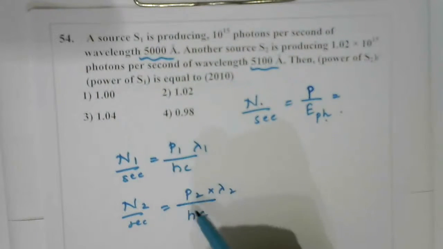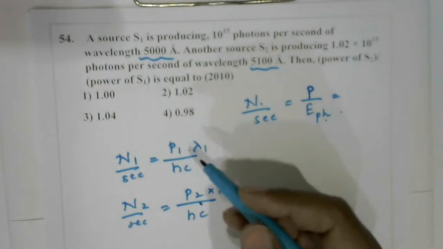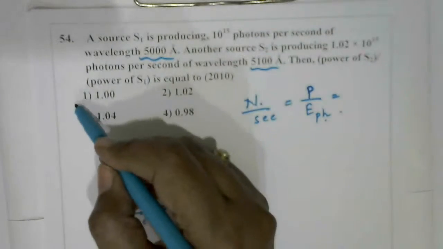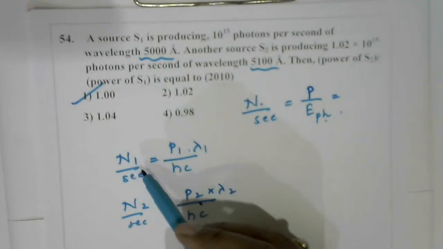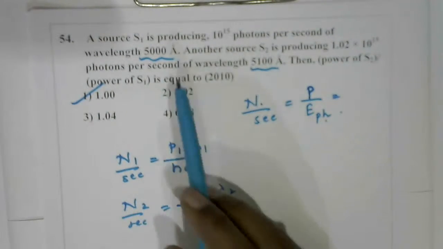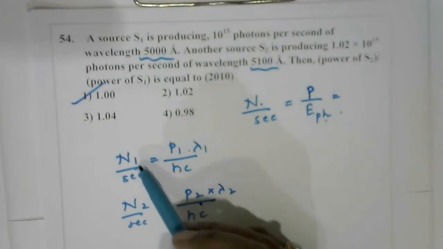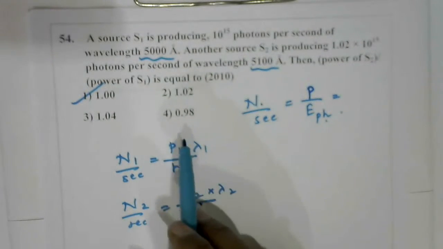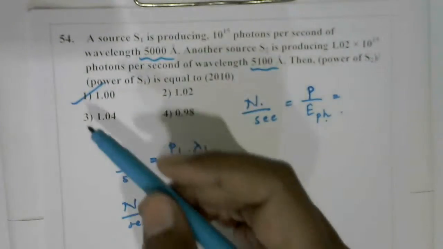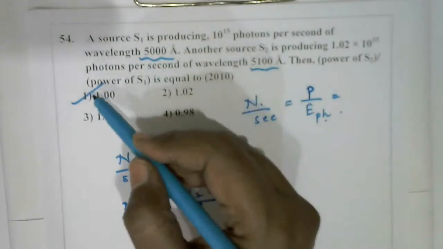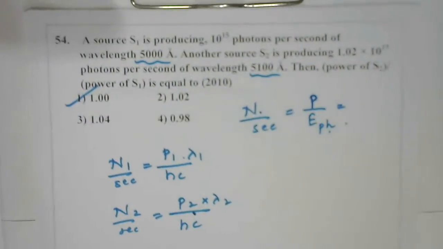Just divide these two equations to get P1 by P2, children. If you divide, I think you are going to get the answer as the first one. Just check it. Yes, correct. Okay, thank you. So first one is the option.